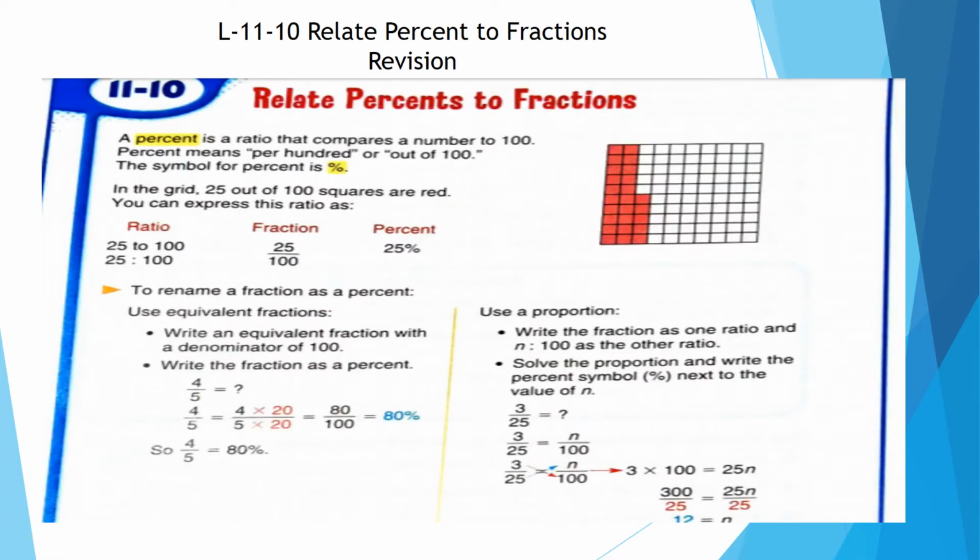Then this is chapter 11, lesson 10: relate percent to fraction. What is percent? Percent is a ratio that compares a number out of 100. For example, here all together is your 100. How many are colored? 10, 10 and 5. That means 25.